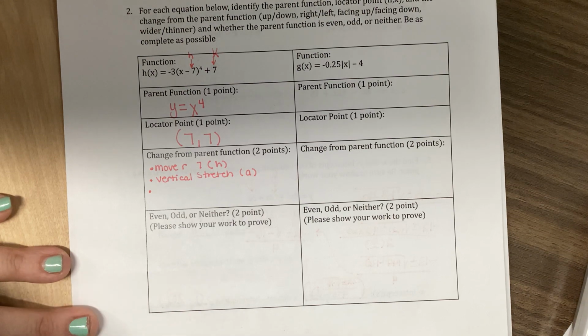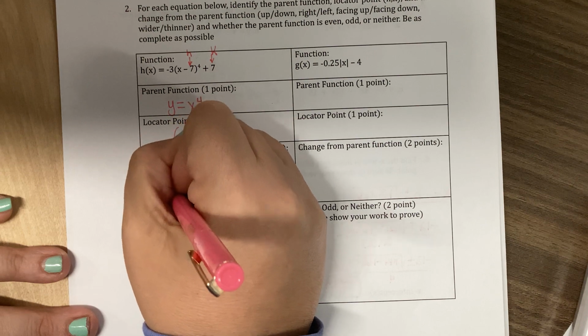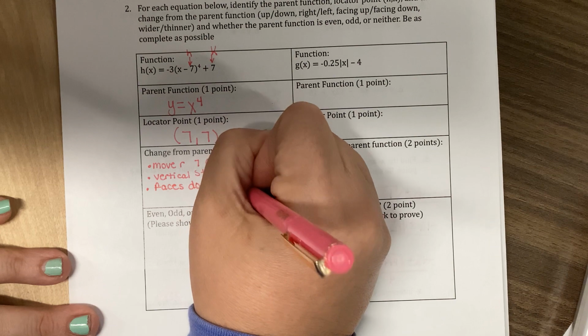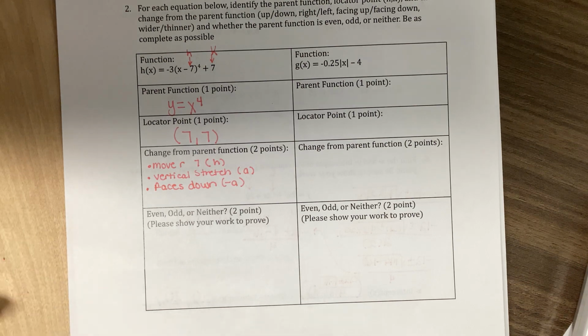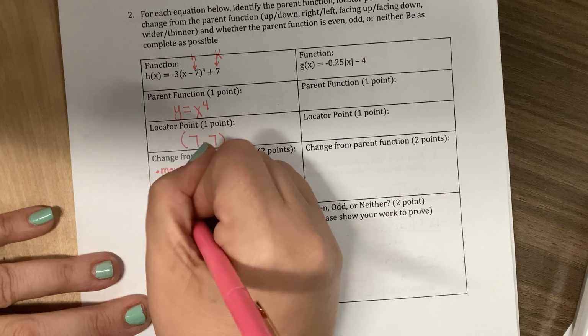Yes, so that negative A makes it face down. And then one more move. Does it move up 7? Up 7. So if it was negative, it moved down. Correct.